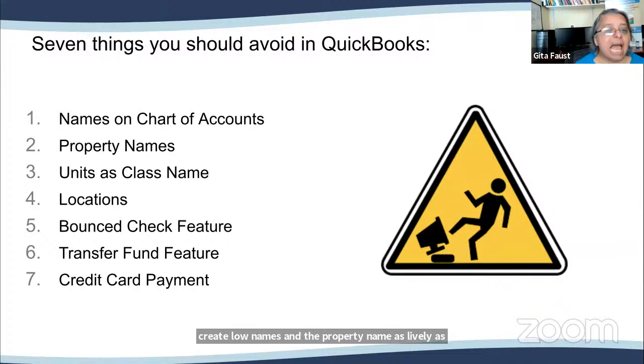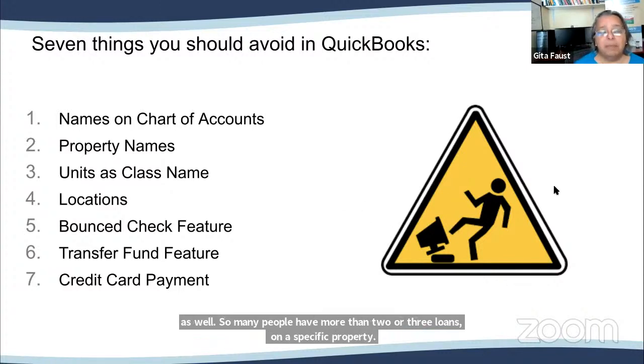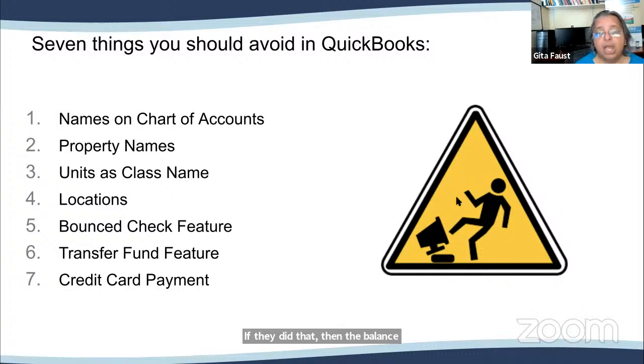Many people have more than 2 or 3 loans on a specific property. If they did that, the balance sheet is going to be huge. So my rule of thumb is use only 1.5 to 2 pages for your profit and loss and your balance sheet. When you view it, it's so simple to get those numbers.